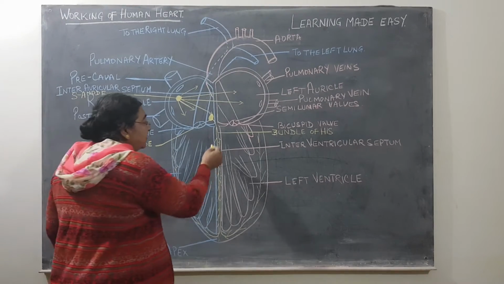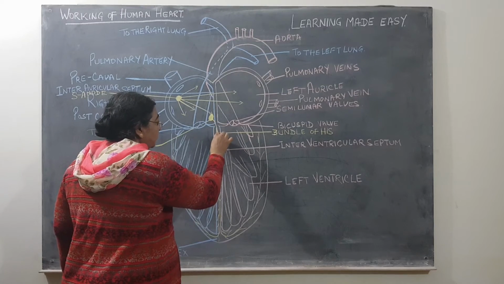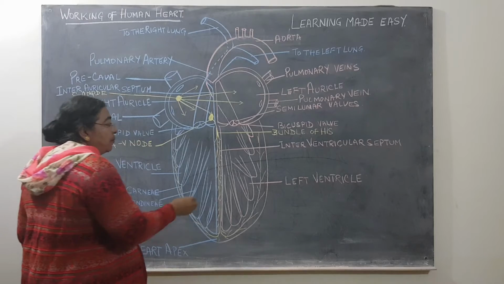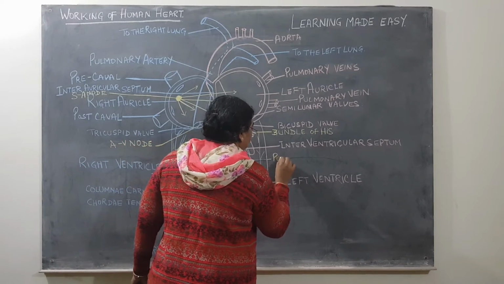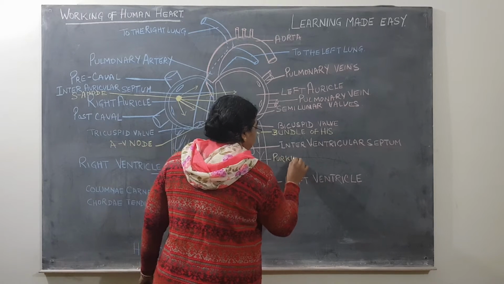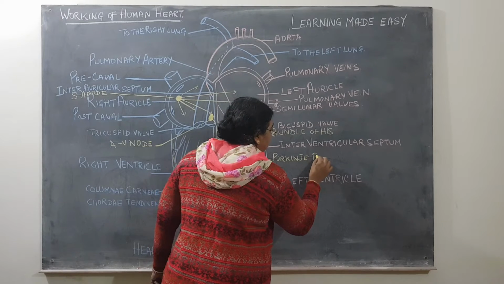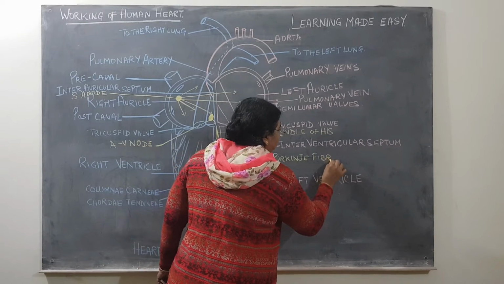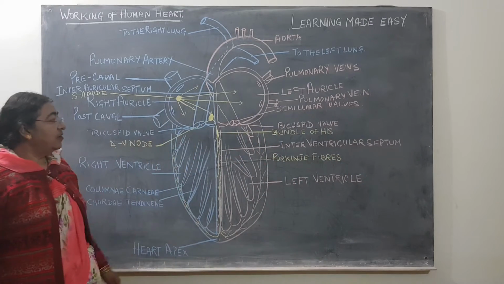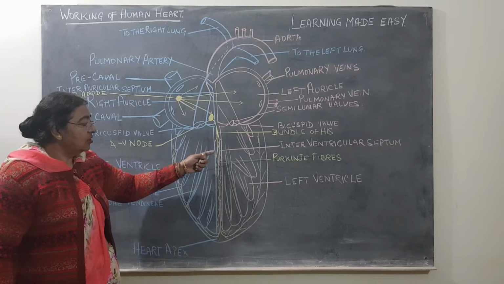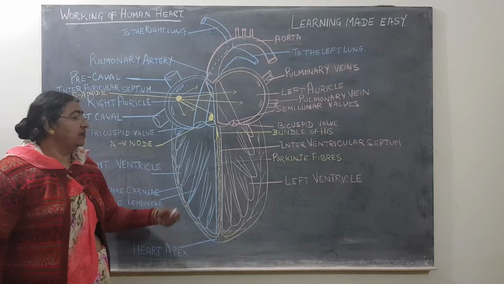The next fibers which arise from the bundle of His are called Purkinje fibers. These carry the electrical wave of conduction throughout the ventricular walls and allow them to contract.